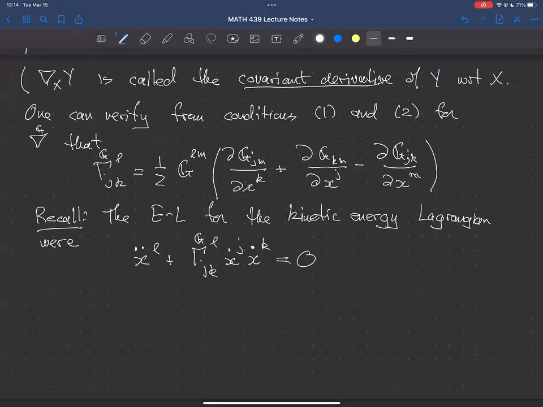So they were second order differential equations, and they directly involve these Christoffel symbols for the Levi-Civita affine connection.